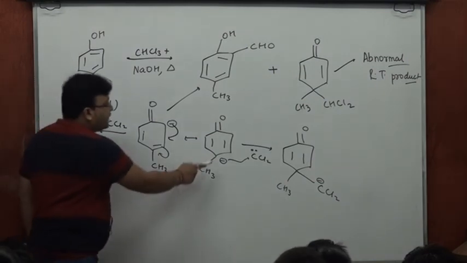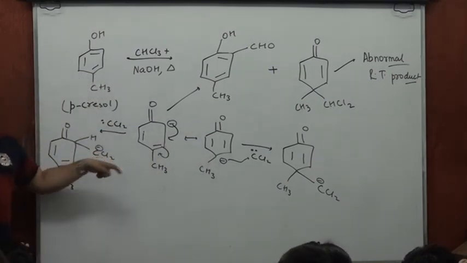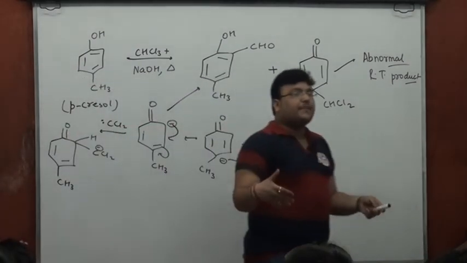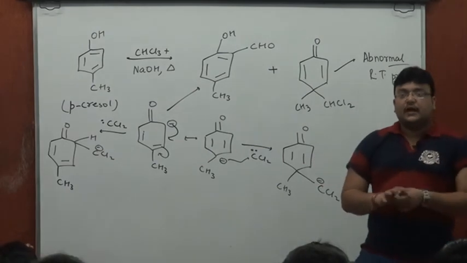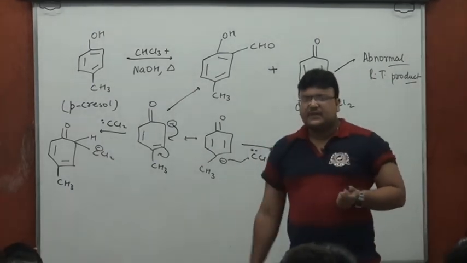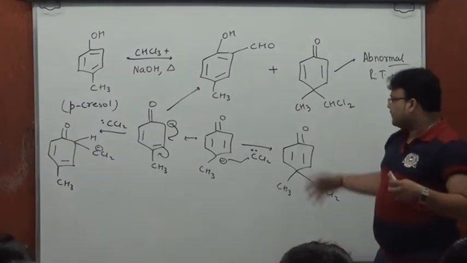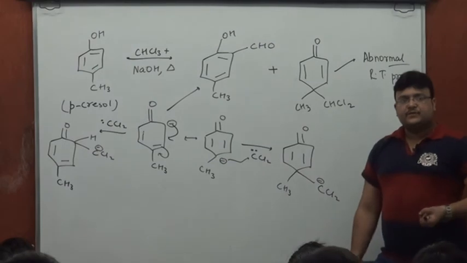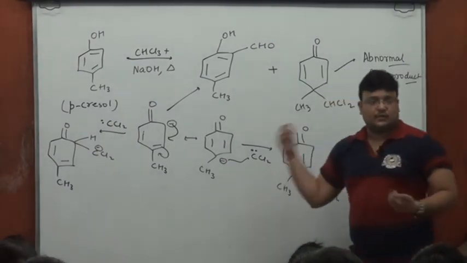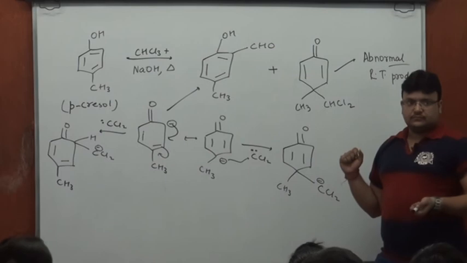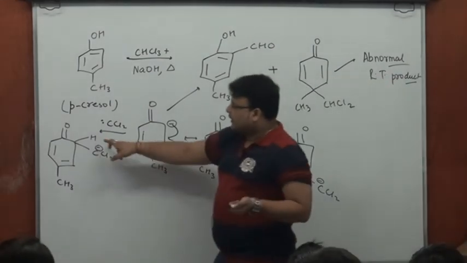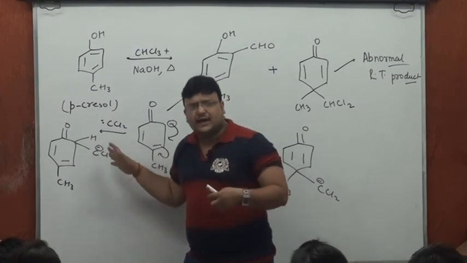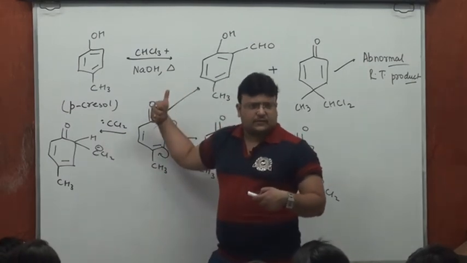Now that is missing at the para position. Because a CH3 group is there, that hydrogen is missing. The ring cannot be made aromatic again. See, yes or no? And because the ring cannot be made aromatic again, the next step doesn't mature. This would have made the ring aromatic again, making it CHCl2, and then it would have exchanged Cl minus with OH minus and given you the expected product.